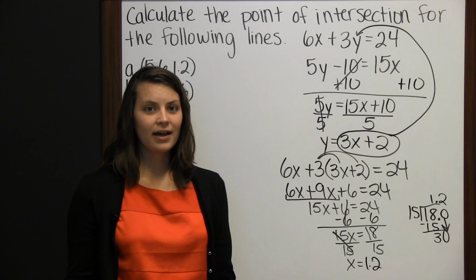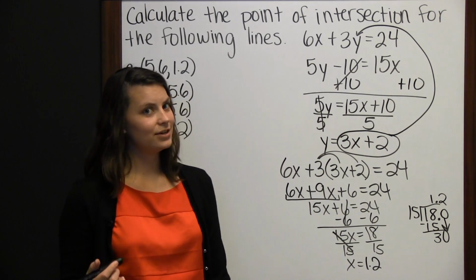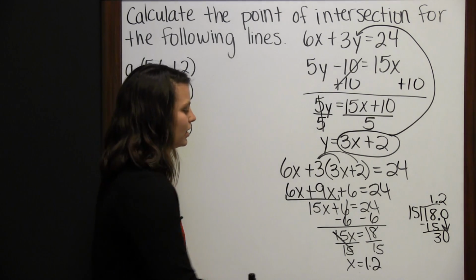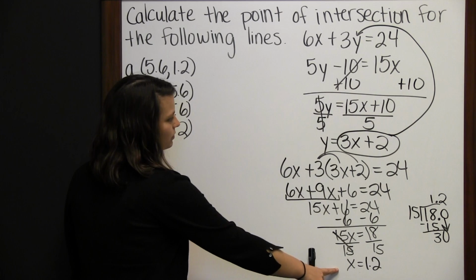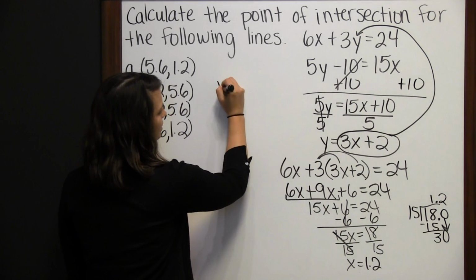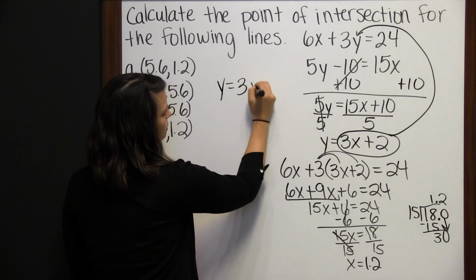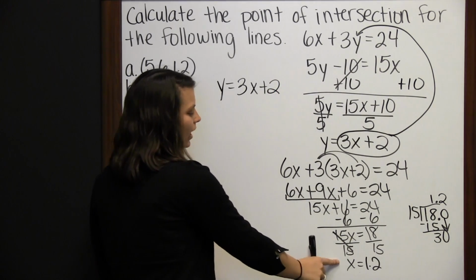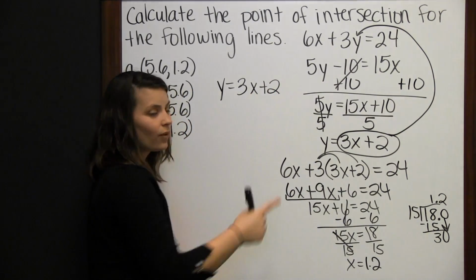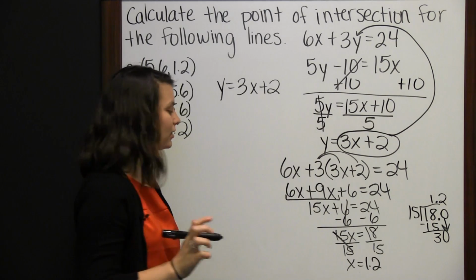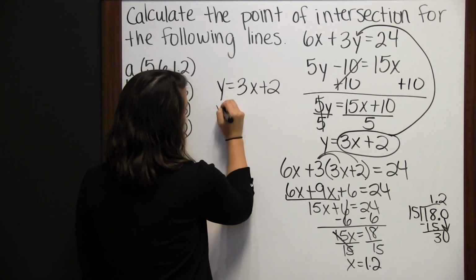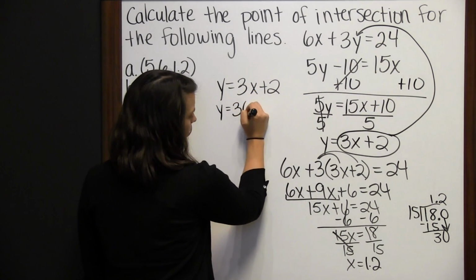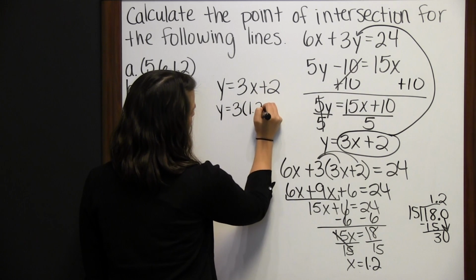And once you find x, it actually gets a whole lot easier to find y. Now that we know what x equals, we can use this equation, y equals 3x plus 2, and simply substitute what x is into this equation, and we'll have y. So I'm going to replace x with 1 2/10.